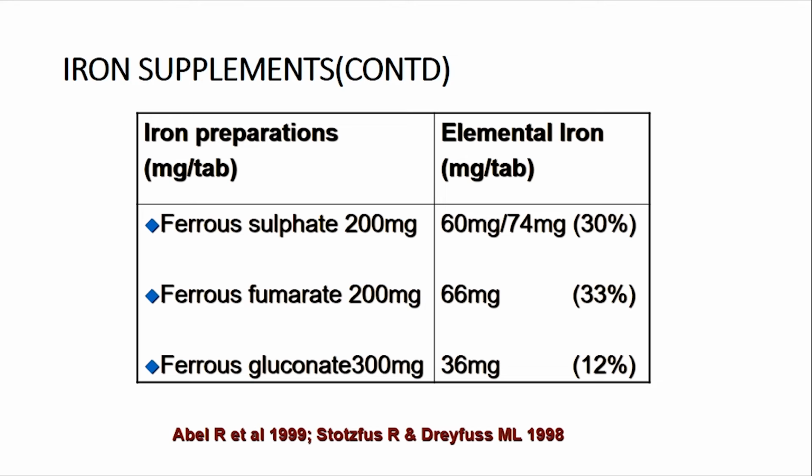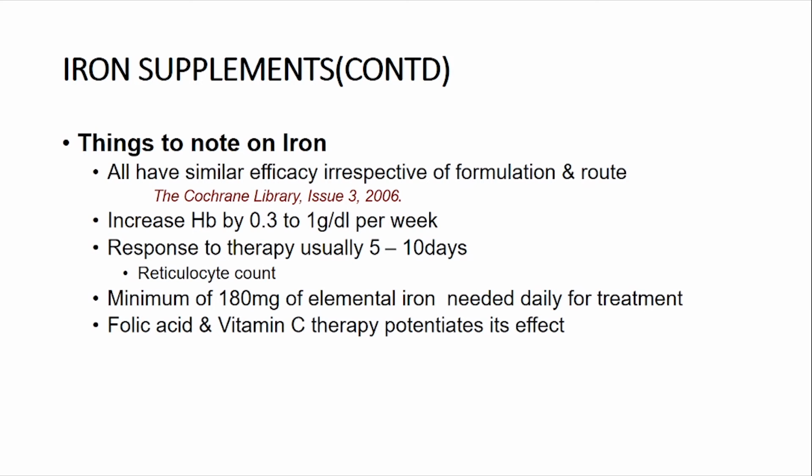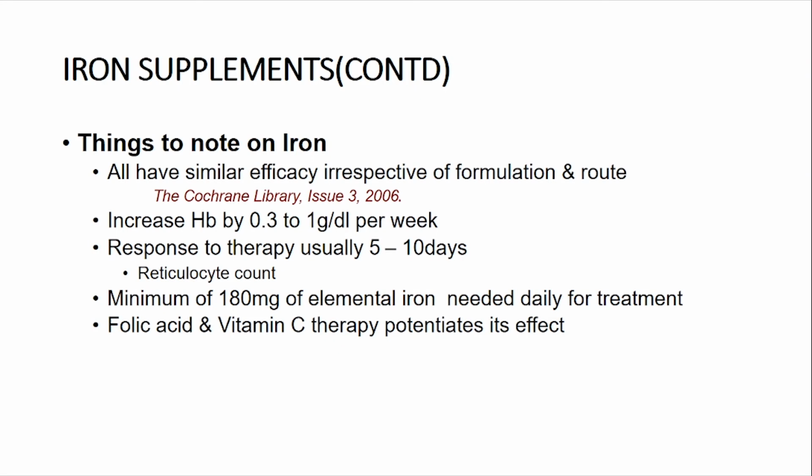tablet of ferrous gluconate. And what are the things to note during iron supplementation? We should note that all the supplementation has similar efficacy, irrespective of formulation and route by which we are giving the patient, and they will increase hemoglobin by 0.3 to 1 gram per dl per week, and the response to therapy is usually between 5 to 10 days, which will be seen from the reticulocyte count done after the administration of iron.